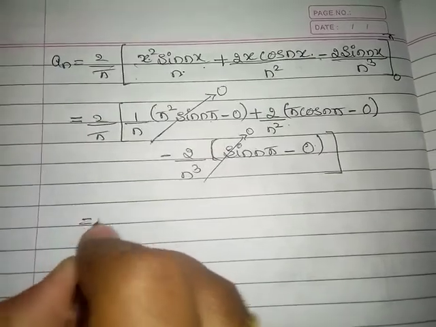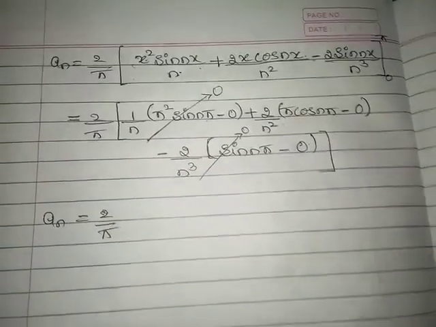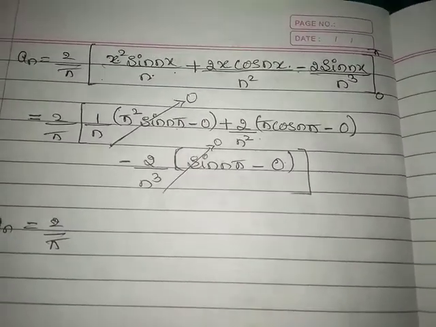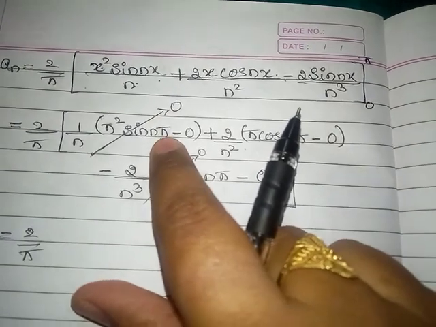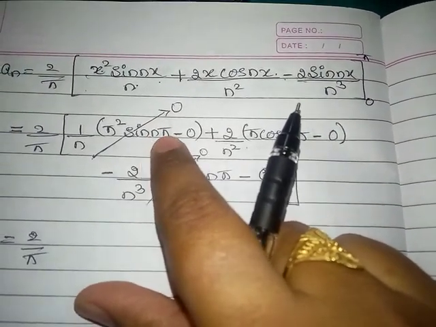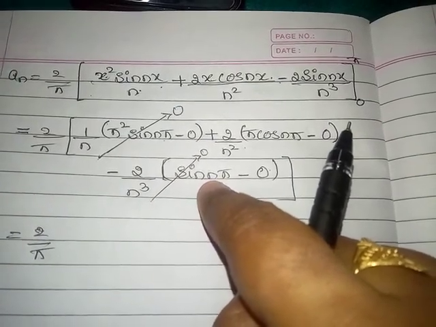Now an is equal to 2 by pi. We know that sin pi value is 0. Sin n pi, for n times sin pi value is also 0, and here also it is 0.